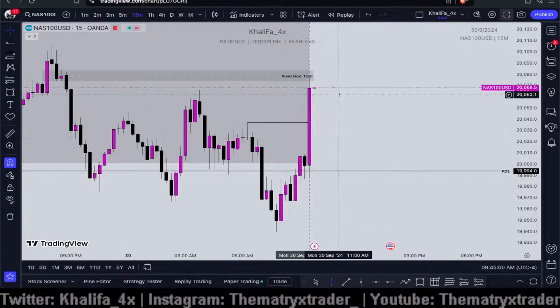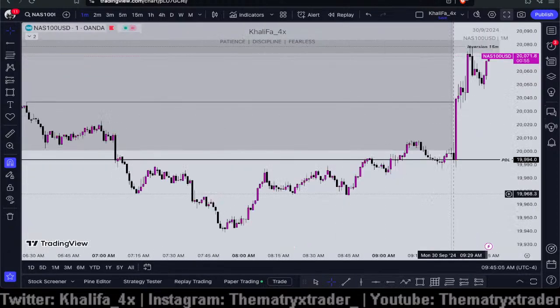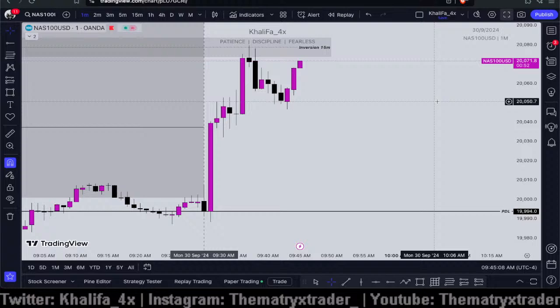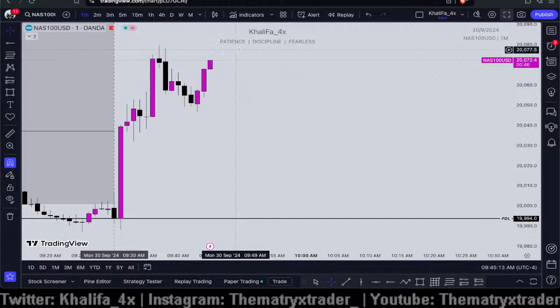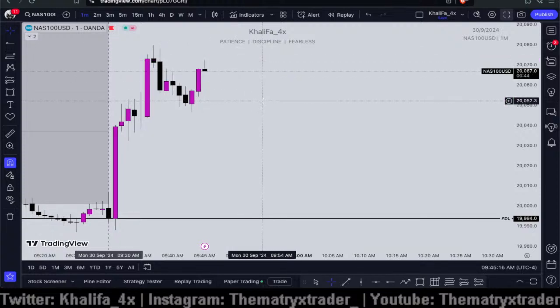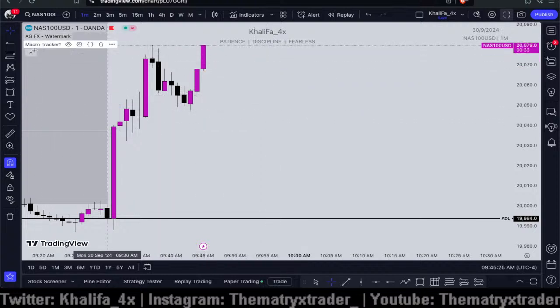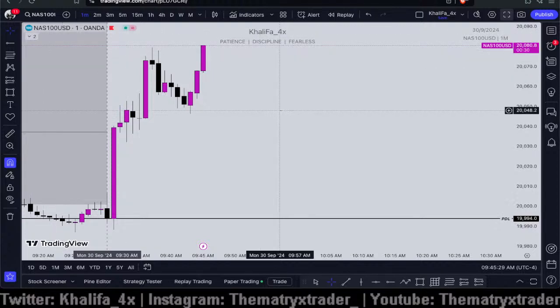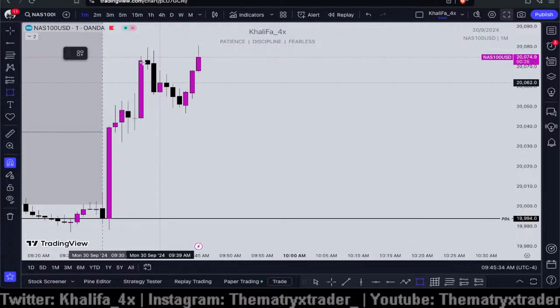I don't see this as a strong inversion. Now I'm expecting something from price. You want to know what that is? I'm expecting something like this.